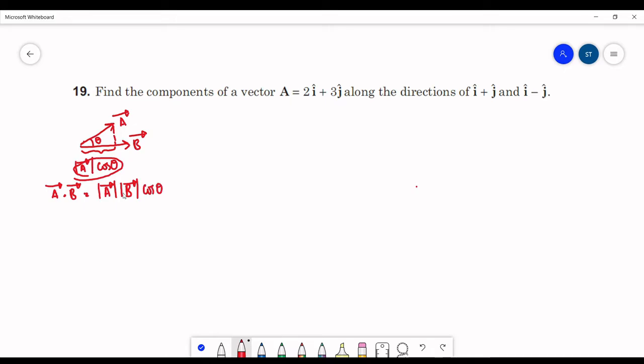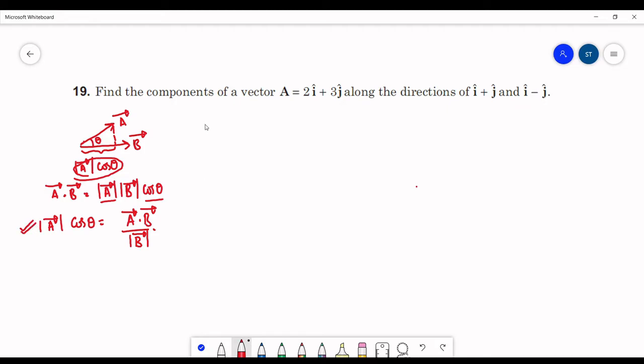So here we can write mod a bar cos theta will be equal to a bar dot b bar upon mod b bar. So I'm going to use this formula directly in this question.